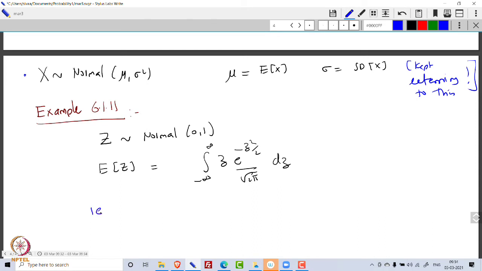That is, the integral from minus infinity to infinity of the absolute value of Z e to the minus Z squared by 2 over root 2 pi dz, is this finite or not? That's the first thing you have to check, to say that the integral converges absolutely.